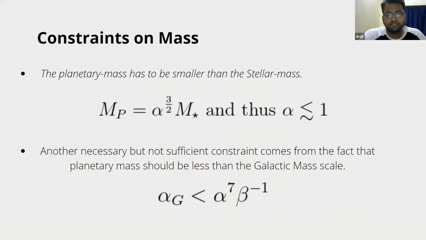Also, quite obviously, another necessary but not sufficient condition is that the planetary mass should be less than the galactic mass, and thus alpha G is less than alpha to the power 7 and beta inverse.